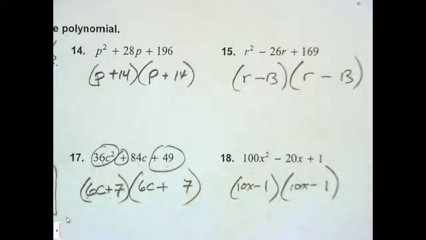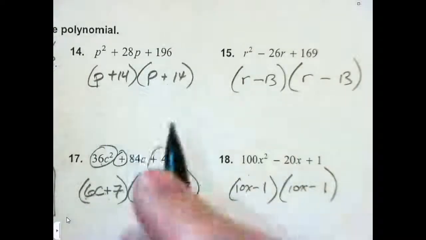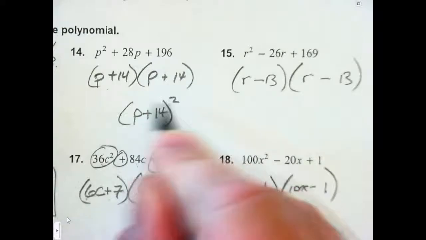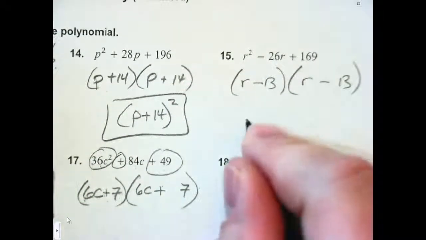Okay, there we got them. Hey, guys, we really have two things left here. First one's an easy one. How many p plus 14s do we have? You have 2. So most of the time you'll write your answer like that. That's the answer. It's quicker to write.